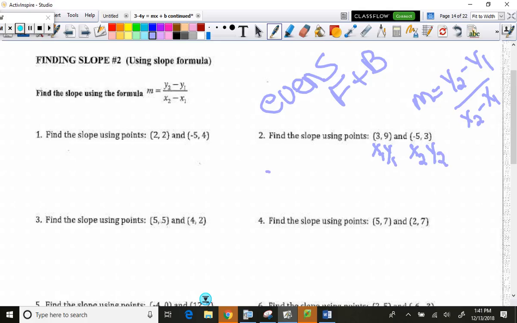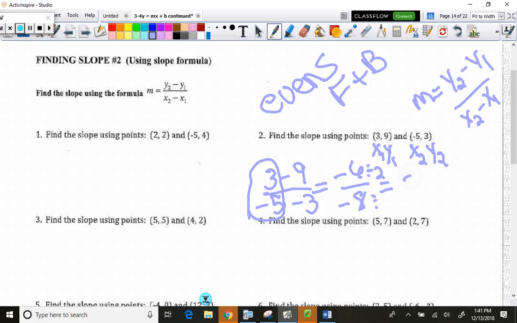So I'm going to do 3 minus 9 over -5 minus 3. Notice that my coordinates are on top of each other. So I subtract 3 minus 9 is -6. Negative 5 minus 3 is negative 8. Negative over a negative is a positive, and they can both be divided by 2. So the answer is actually 3/4.